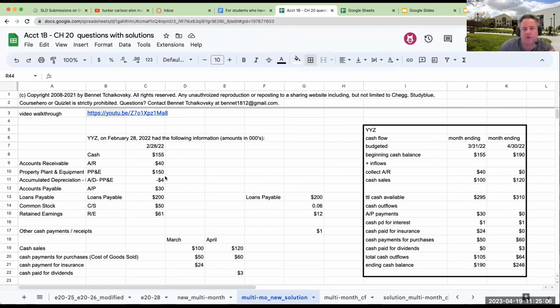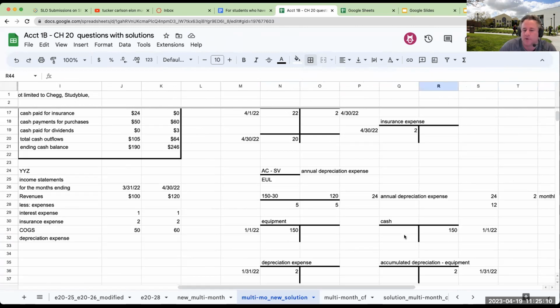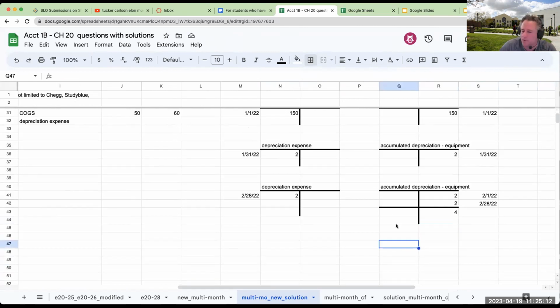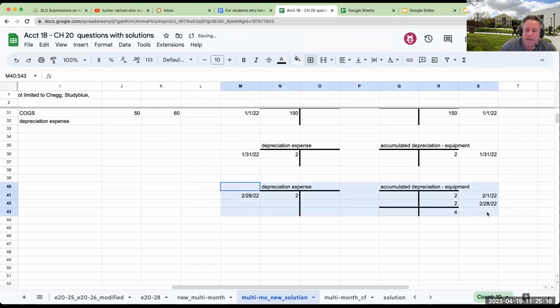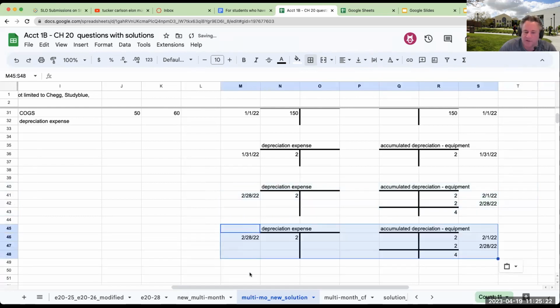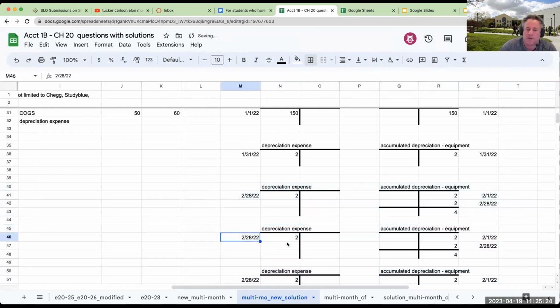You don't have to go through and do this, but I want you to make sure that you know where the numbers are coming from. Very important. So let's just go ahead and extend this for the next 2 months because it's relevant to us. So this is going to be over here, 3/31/22. This over here becomes my beginning balance.